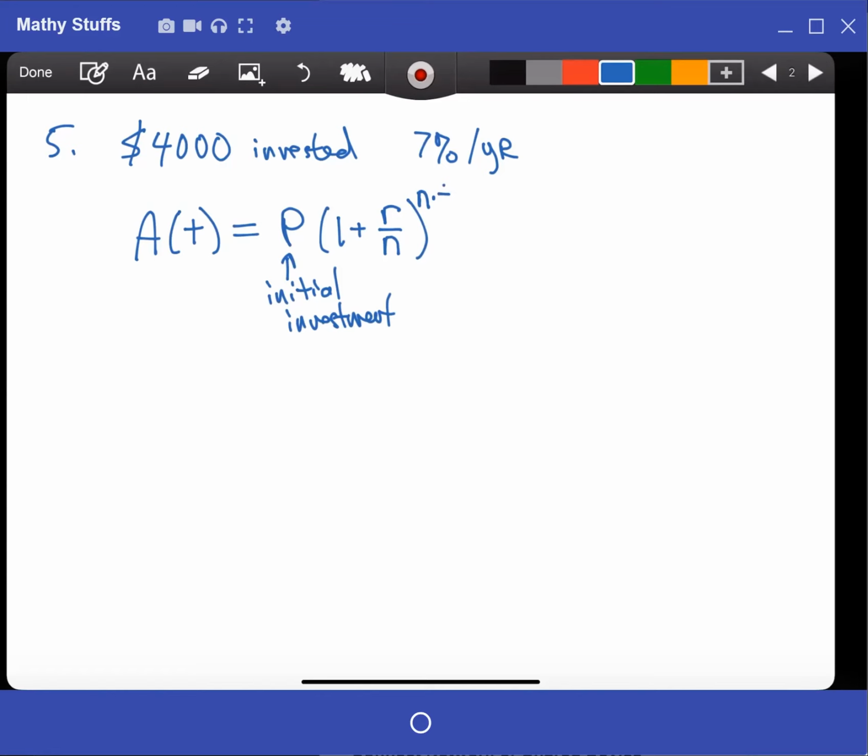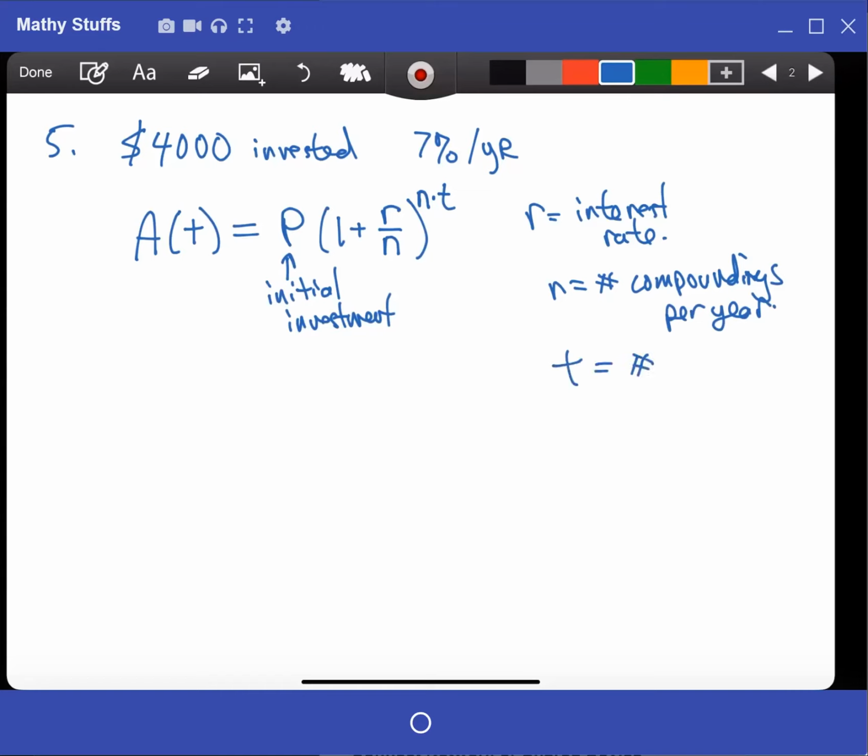Now let me label this all. So R equals interest rate. And then N equals number of compoundings per year. And then T equals the number of years that we're letting that ride.